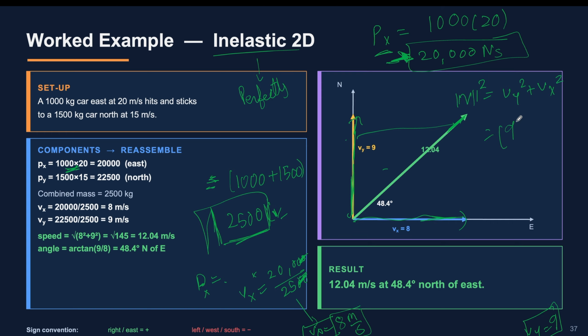So 9 squared plus 8 squared, or 81 plus 64, which is going to be 145, right? And then you're going to take the square root of that, because this is magnitude squared, right? So then the square root of that is going to be about 12.04 meters per second. Okay, that's your vector magnitude.